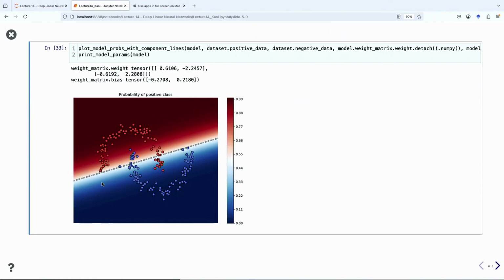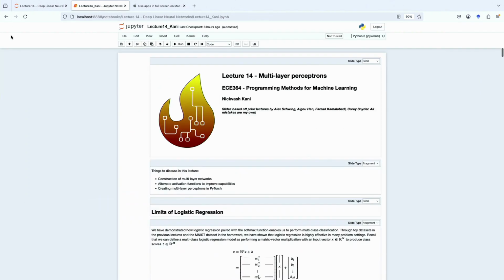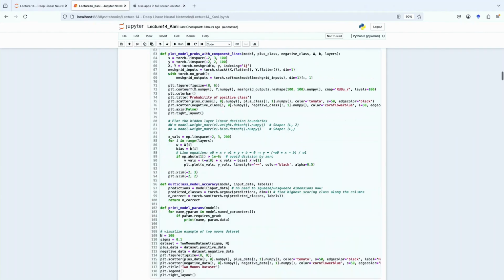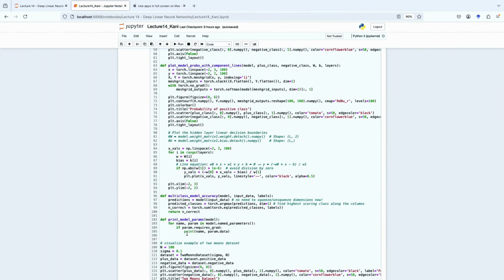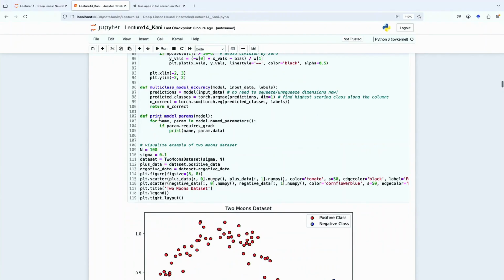That is, in fact, what we do right here. Instead of just plotting the probabilities and stuff, we could actually plot the barrier by looking at the particular weight matrix here and the biases and plotting what these are equal to. And all we need to do, it's probably a good thing to show you how to do that. I should have put the actual meat of that function here. I just put it all in one cell. So all we need to do is simply go into the model.